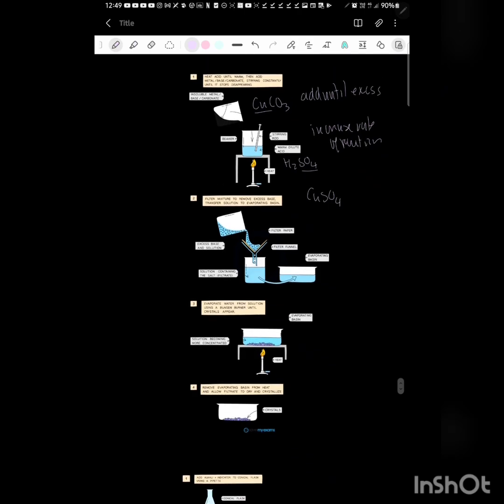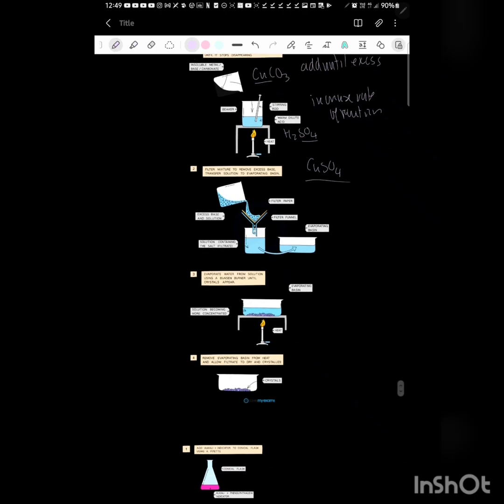And then your next step is to filter out, because what you're going to do is add this until excess. So until it's an excess, and that means all your acid will react. So then you will have CuCO3 as an excess product, as well as your salt, which is CuSO4.